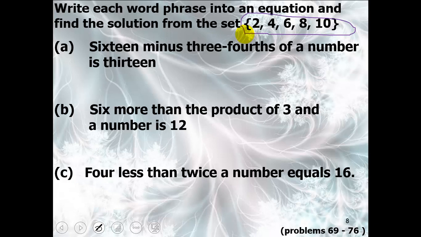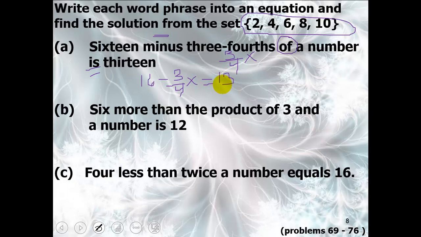All right, welcome back. We have 16 minus, that means we're going to use subtraction, 3/4. That's just 3 over 4 of a number. That means multiply. "Is" means equals. So I have 16 minus 3/4 of x is 13.